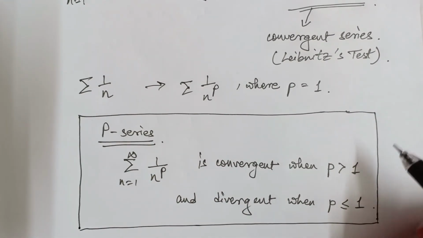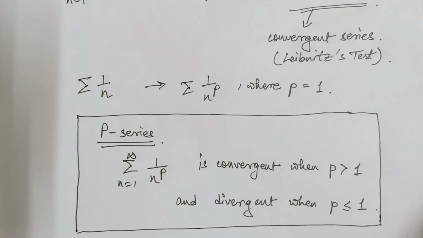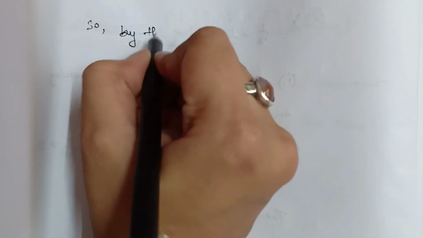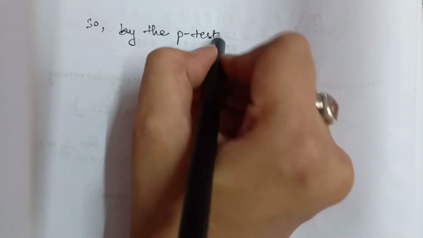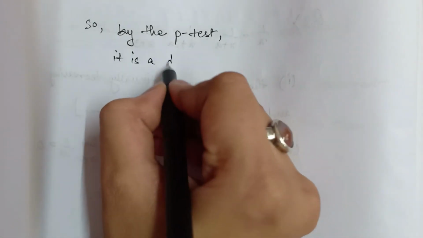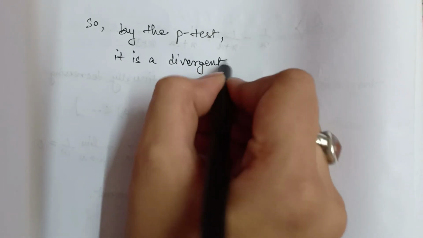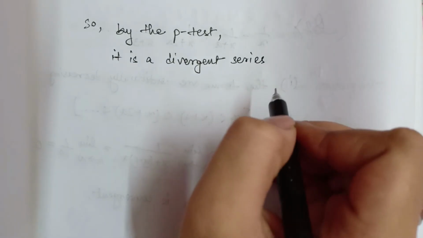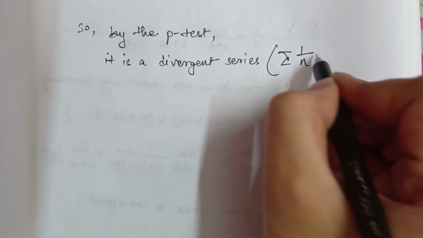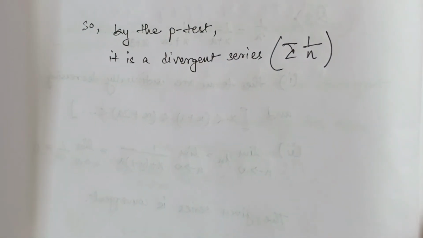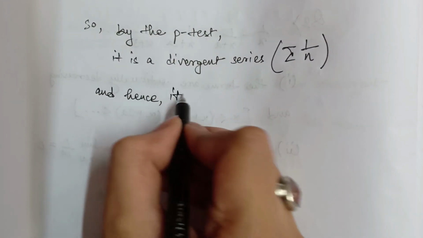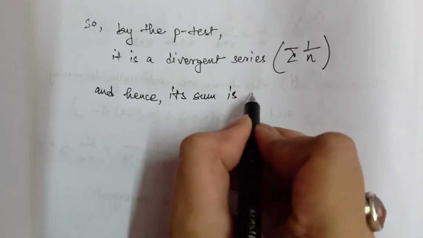So from here we can proceed with our sum. So by the p test, this summation 1 by n is a divergent series, and hence its sum is infinite.